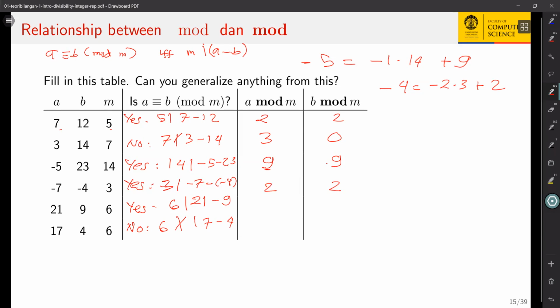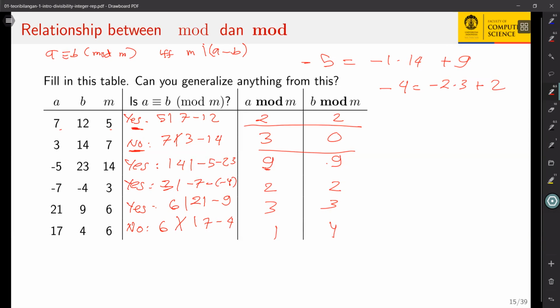And here, this is 3, and here this is 4, and this is, well, 1, right? So you see the relationship. When here you have a yes, then the 2 columns on the right are equal. If this column is a no, then the 2 columns on the right are not equal, right?